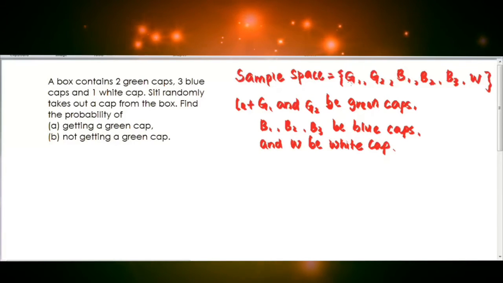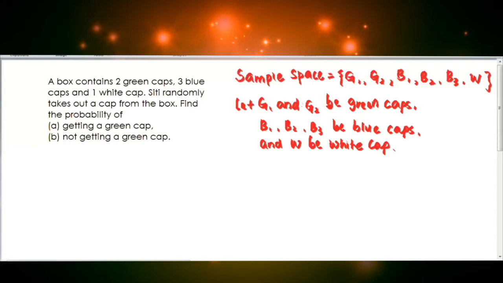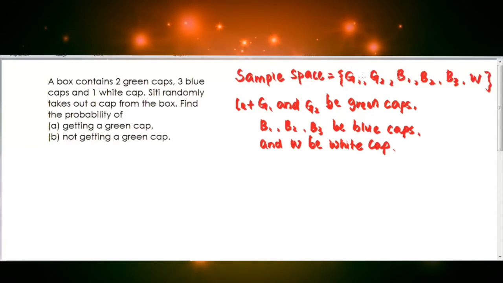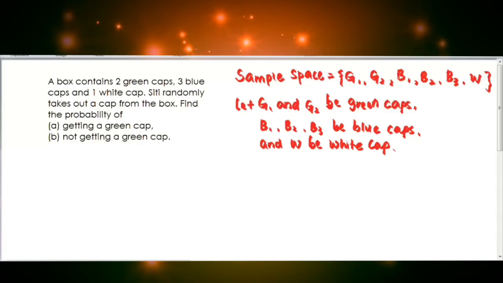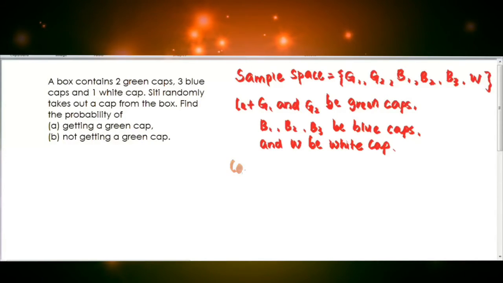Remember to write down the symbols and explain what the sample space is. After we list out our sample space, then we can answer our question.